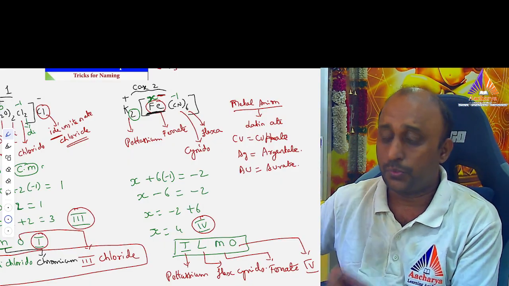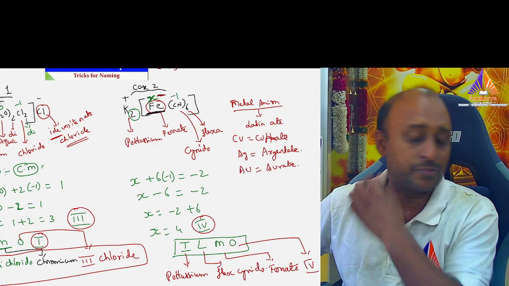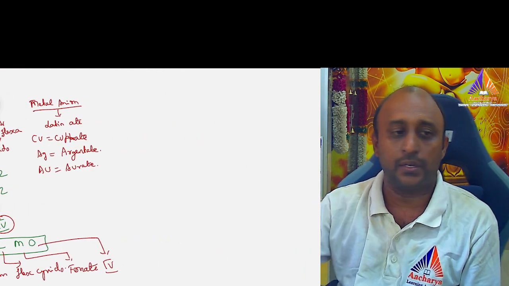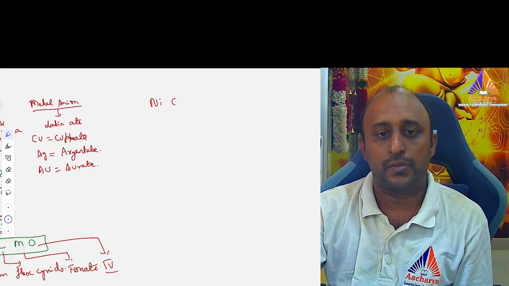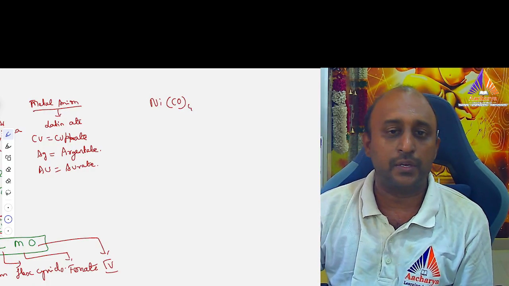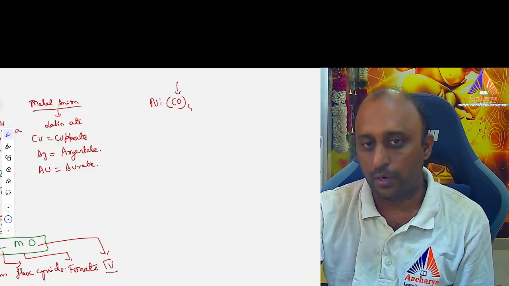And there's one more small example I'll give. Some compounds are like this, you can see here, Ni(CO)4. Many of them get confused with CO. First of all, CO is not cobalt.